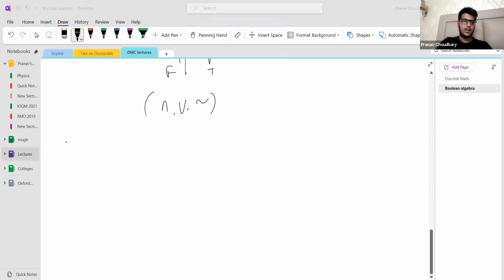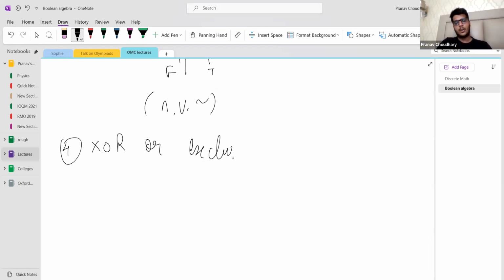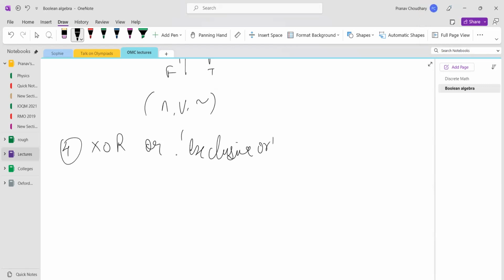Then there's another operator called XOR. This is also called exclusive OR. So XOR is like OR, but if both are true, then it is false.